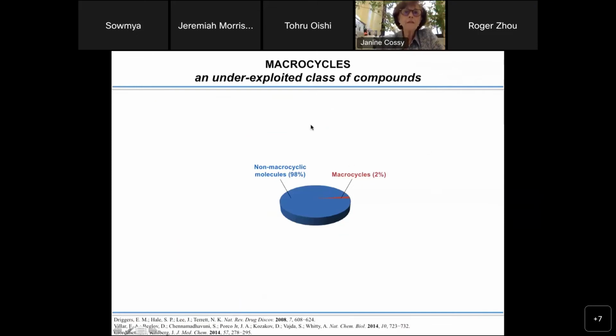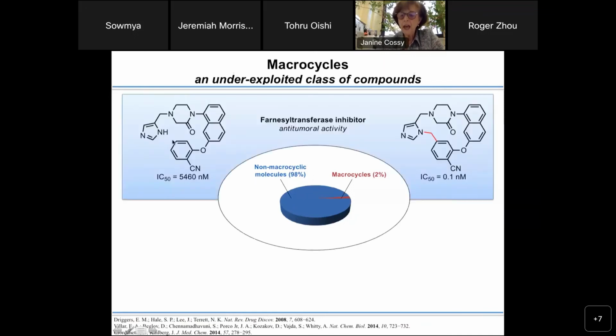And in my opinion, this kind of macrocyclic compound is an underexploited class of compounds. You have only 2% of these macrocycles on the market compared to the non-macrocyclic compounds. And in fact, if you have, for example, this product in here, which is a farnesyl transferase inhibitor with an antitumor activity, you can see that the EC50 is around 5,000 nanomolar.